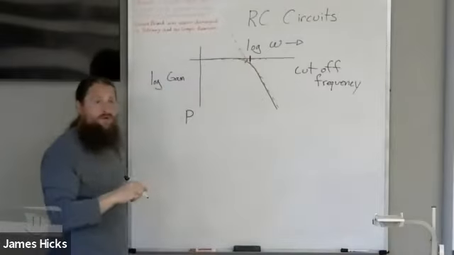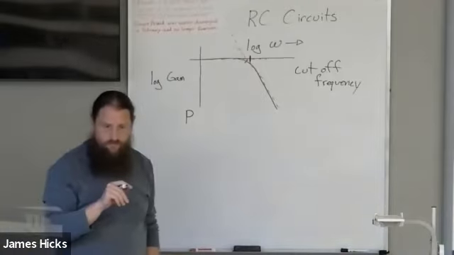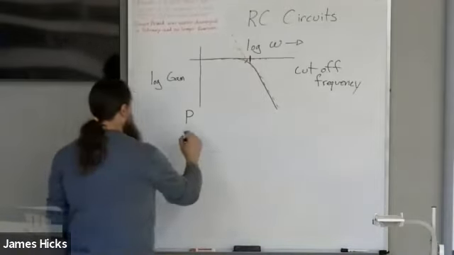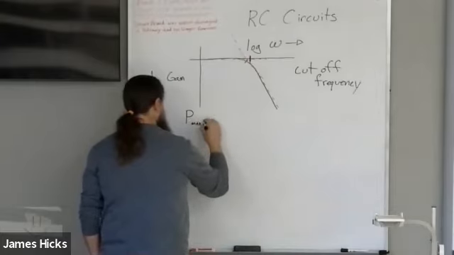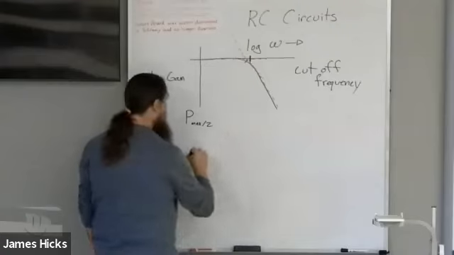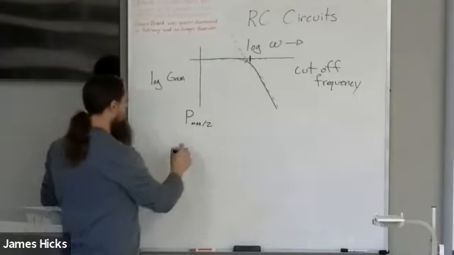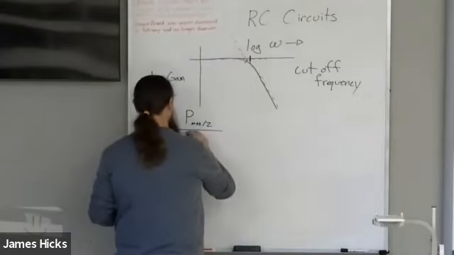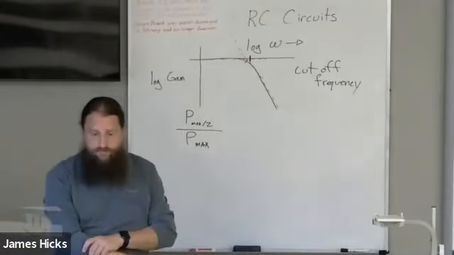So the two powers that I want to look at the ratio between, it's the power at half the maximum, half max power, over the total power.